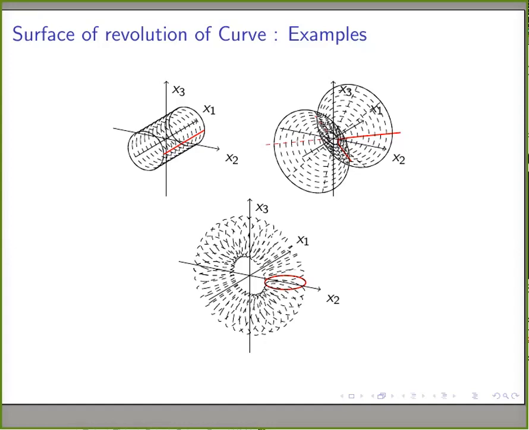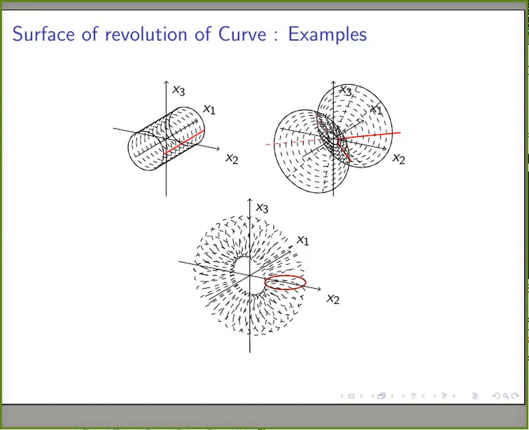So x2 equal to 1 is a straight line parallel to the x1 axis at a distance of 1 unit from the origin. If you rotate this line about the x1 axis, you will get a cylinder. Each point is at distance 1 from the x1 axis. Therefore, at each point on the x1 axis, you can draw a circle with radius 1. And combining all these circles, you will get a cylinder.